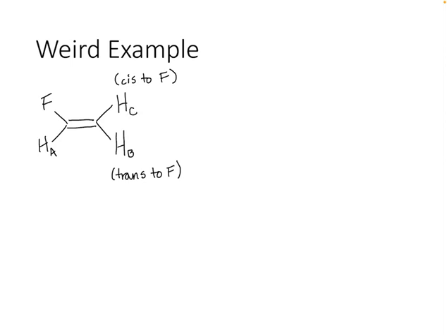So I'm going to label that HC. Okay, so now what is the multiplicity of HA? How many neighboring protons does HA have? 2, HB and HC. So what would we expect the multiplicity to be? A triplet.